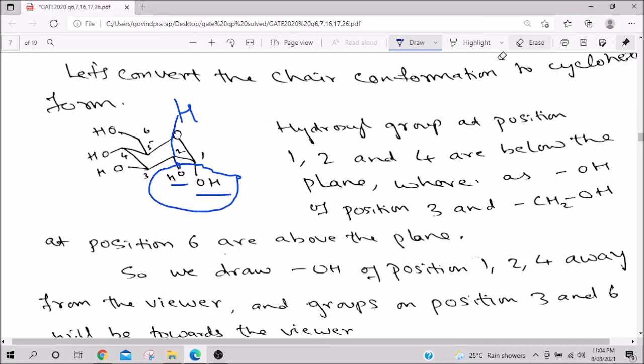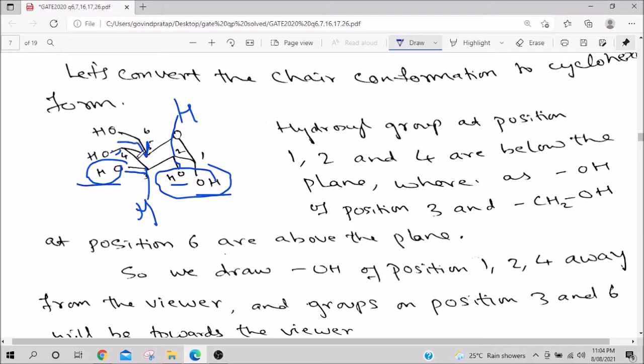Whereas if you look on this carbon, H is down, OH is above the plane. That means the third one is not in the same plane as 1 and 2, but the fourth one is down, so the fourth is in the same plane as 1 and 2, but not as the third. And this fifth CH2OH is also above the plane.